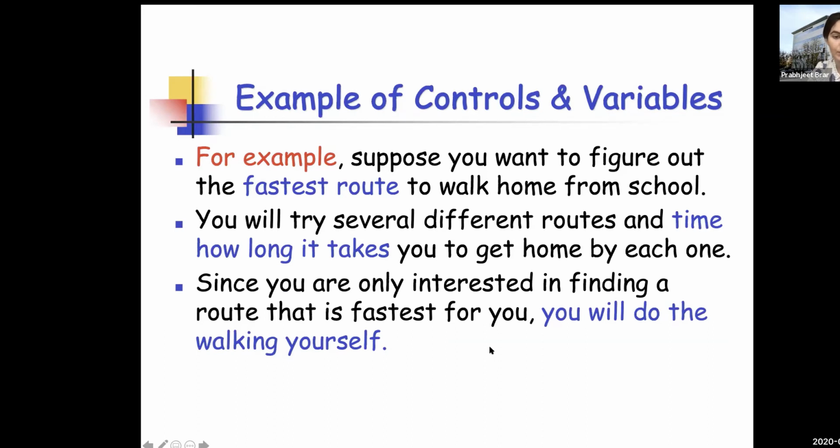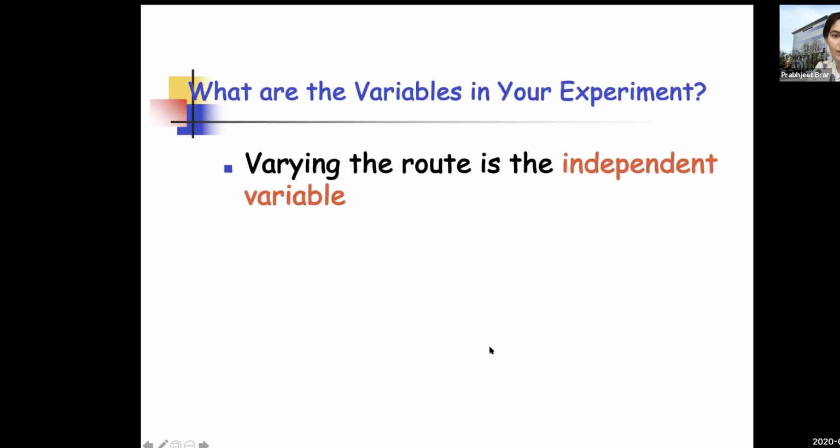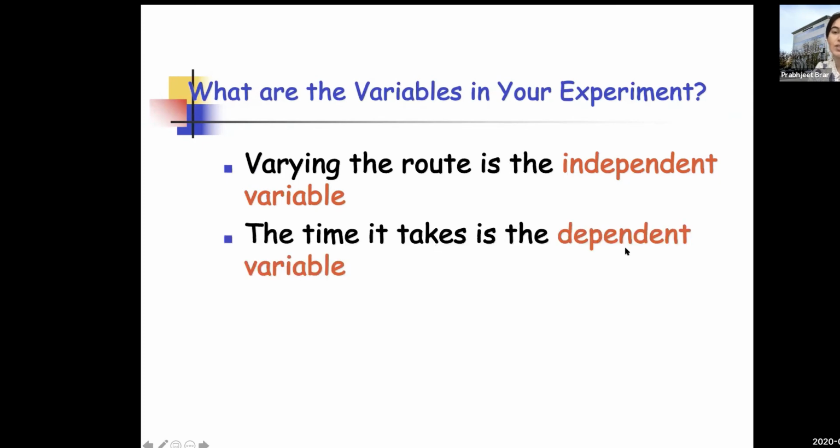You're gonna see how long it takes you. So varying the route, using different routes, is the independent variable, and the time that it takes is the dependent variable. So route, independent, and when you change the route, it's gonna affect the dependent variable, which is the time. That's something that you're measuring.